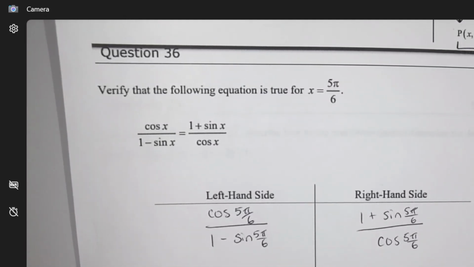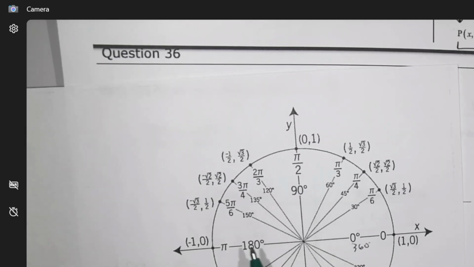Okay, so this is unit circle stuff. You do not have a calculator, remember, on this question. After, what were we at? 14 questions, we lost our calculator privileges. Okay, so 5 pi over 6.